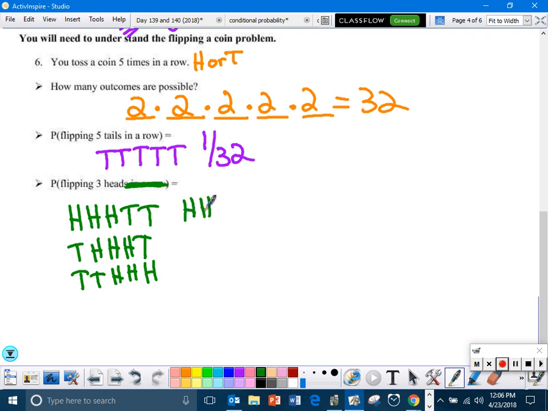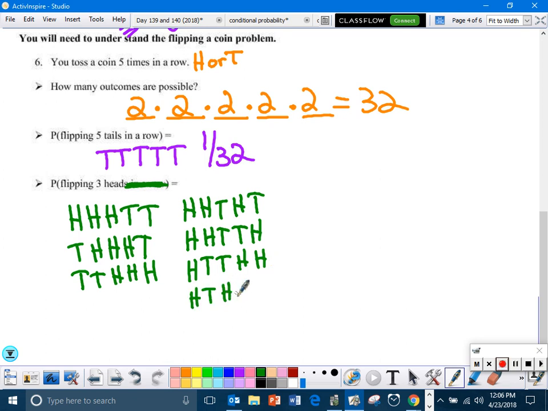Heads, heads, tails, heads, tails. Heads, heads, tails, tails, heads. Notice how I'm trying to keep a pattern to this. Now I'm going to do heads, tails, tails, heads, heads. Then I could do heads, tails, heads, tails, heads.